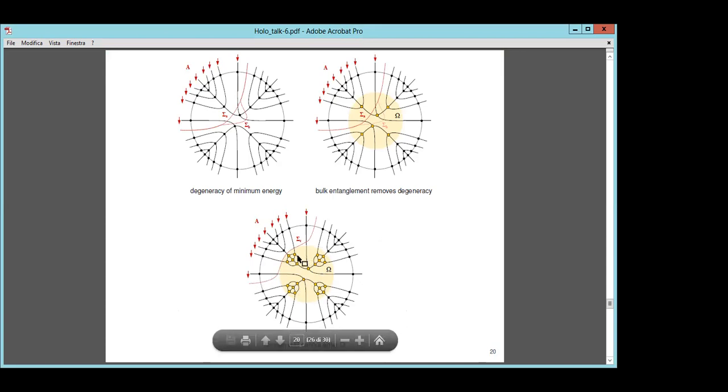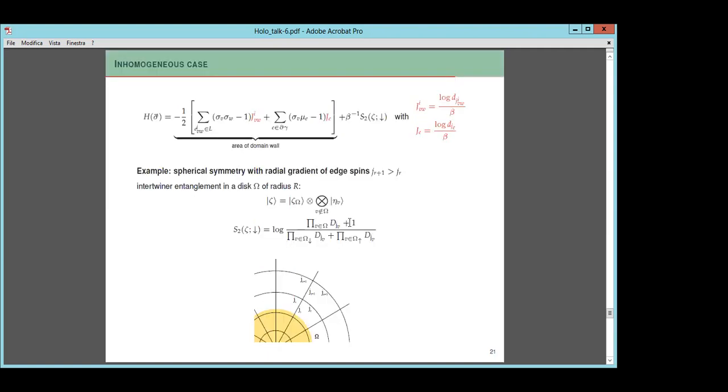Now, in this homogeneous case, the only parameter we can modify is the number of vertices. So in this case, we are increasing the dimension of the bulk with a refinement of bulk vertices within omega.